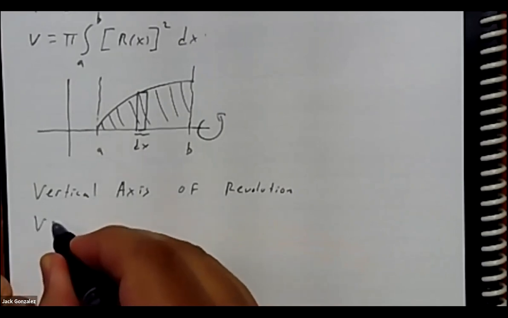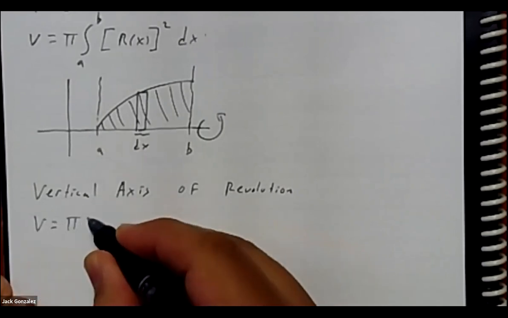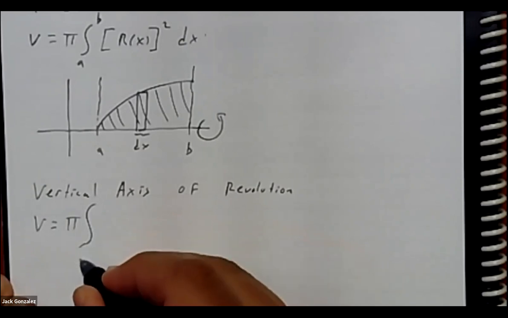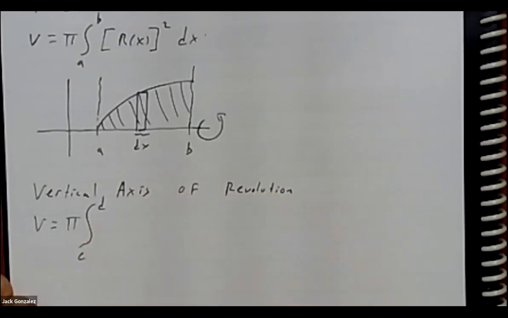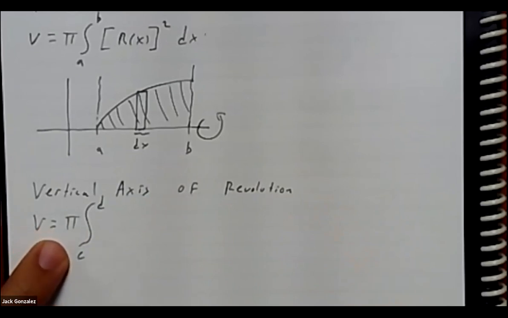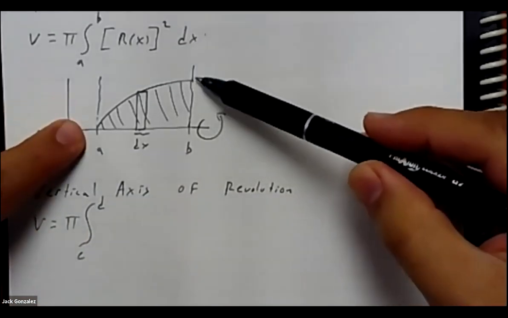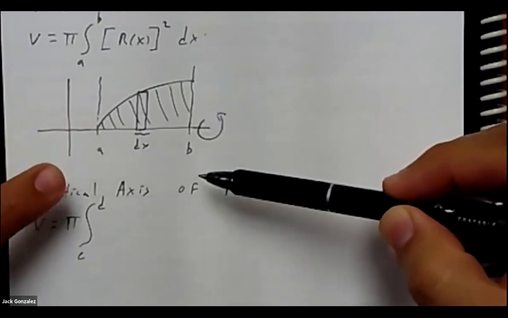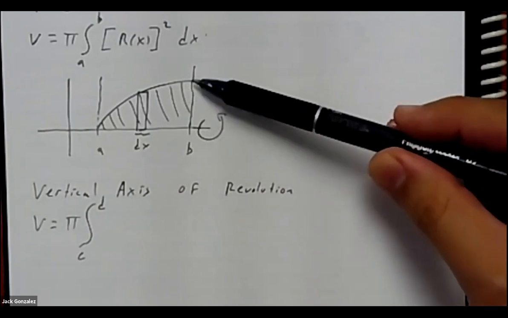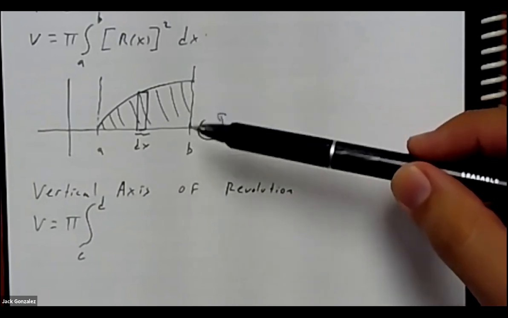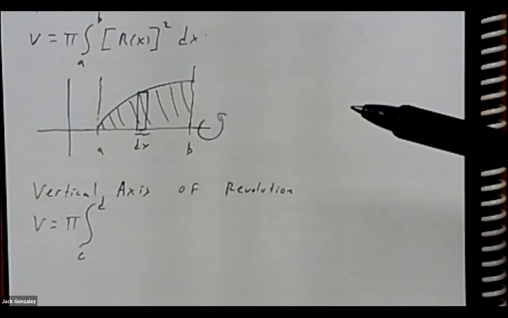So the volume is equal to pi times the integral, we'll use c to d this time. Pi is the rotational piece. It's like I'm taking this section and spinning it 180 degrees, creating a solid, the picture just going around and around in 3D. It will create like a cone, right? Like a little weird ball.